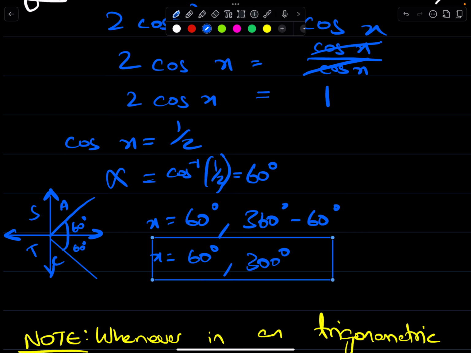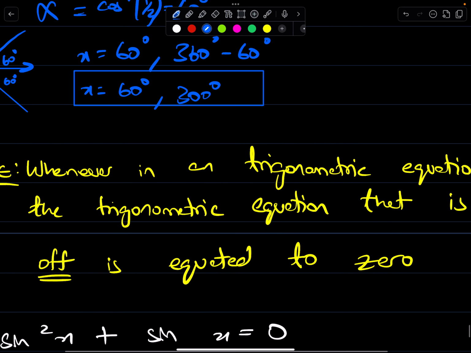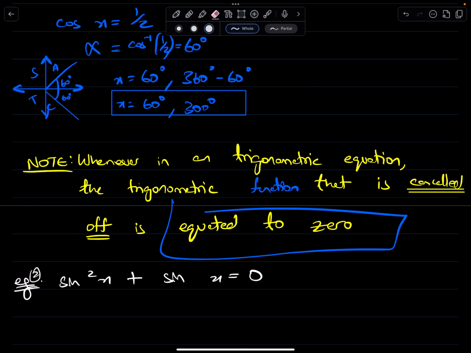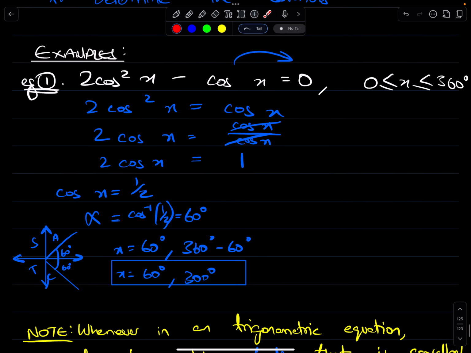Now note, whenever in a trigonometric equation a trigonometric function is cancelled off, that function is always equated to 0. I repeat, like in this case, we had a trigonometric equation and a trigonometric function was cancelled off. Then we must equate this trigonometric function to 0.